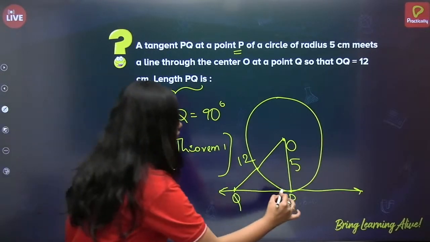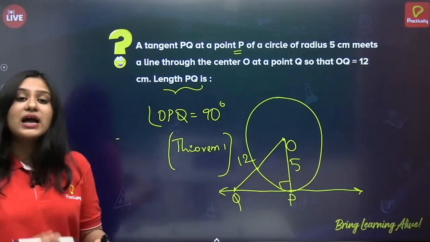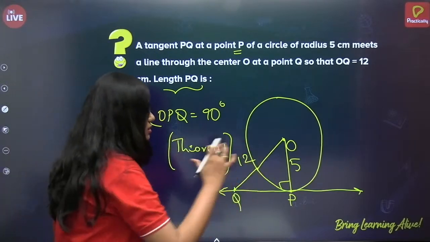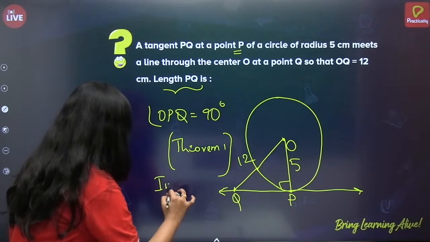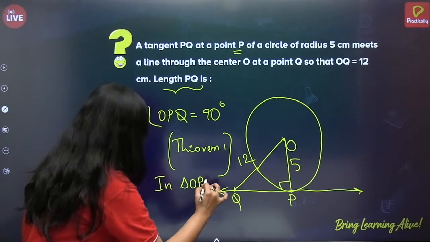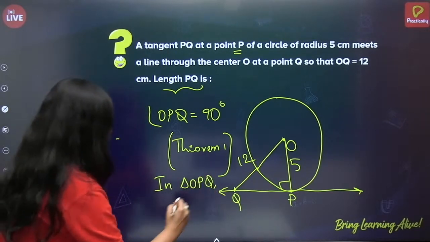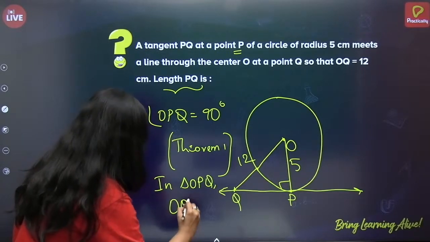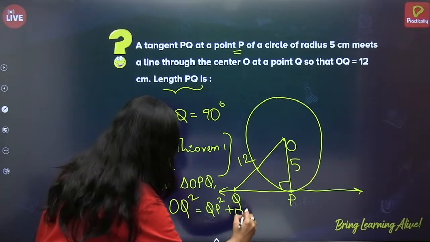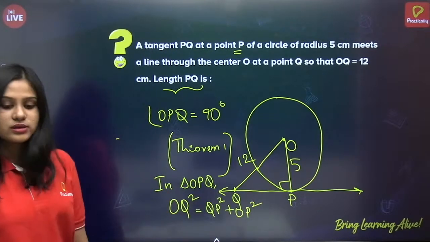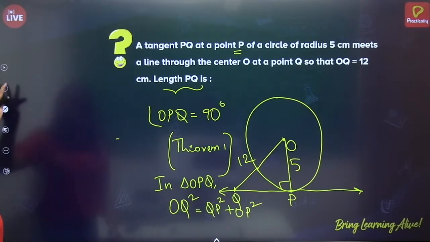Okay? If this is 90 degrees, can I use the Pythagoras theorem in triangle OPQ? Of course I can use it. So in triangle OPQ, OQ square is equal to QP square plus OP square. Correct? Yes.